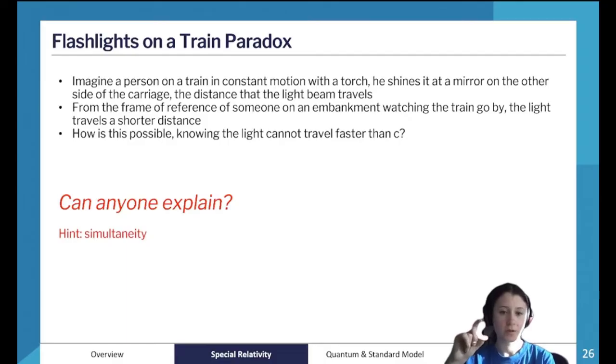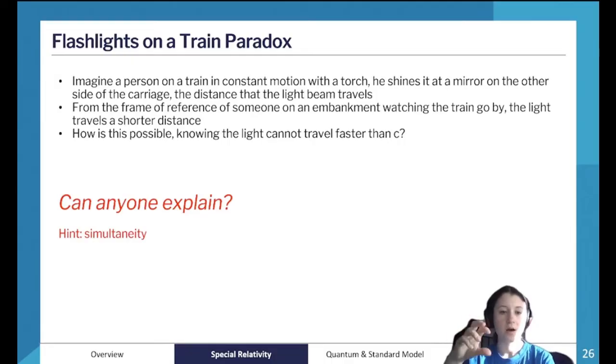However, a person on an embankment watches the train go by and sees that the light travels a shorter distance. How is this possible, knowing that the light cannot travel faster than c?